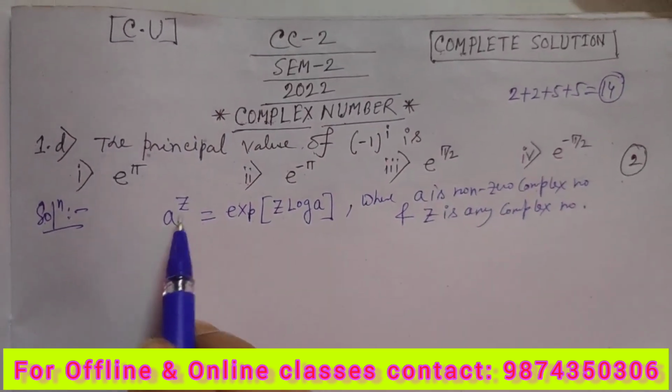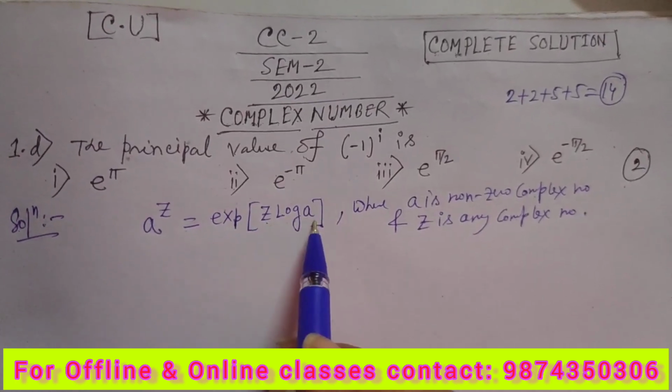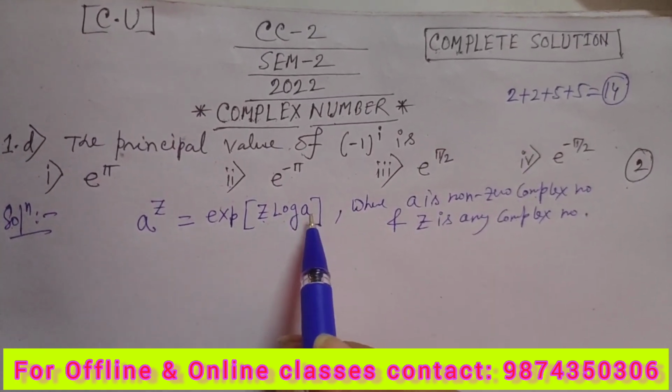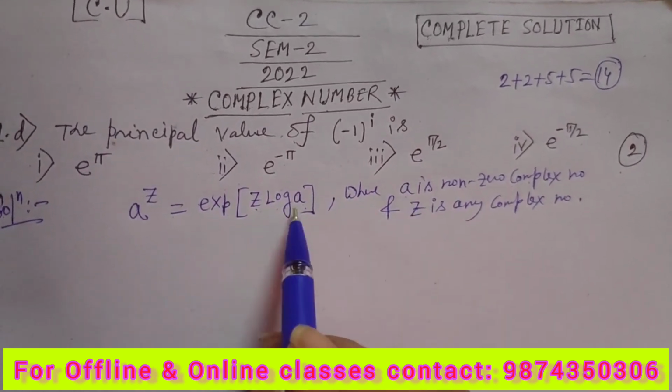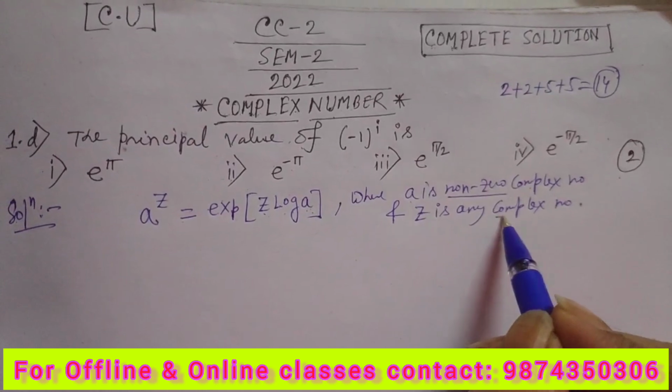So a to the power z is equal to exp(z log a). This log is the general value of the logarithm of the complex number a, where a is a non-zero complex number and z is any complex number.